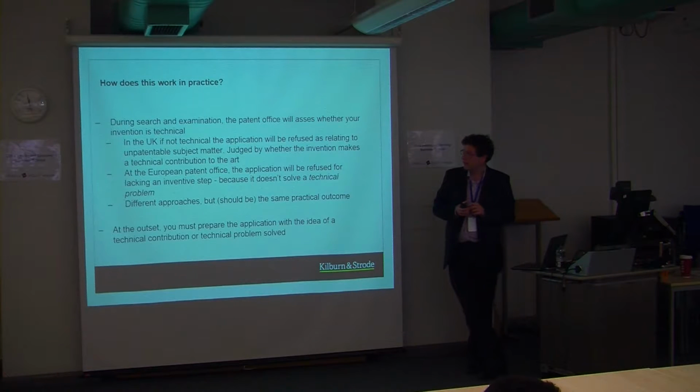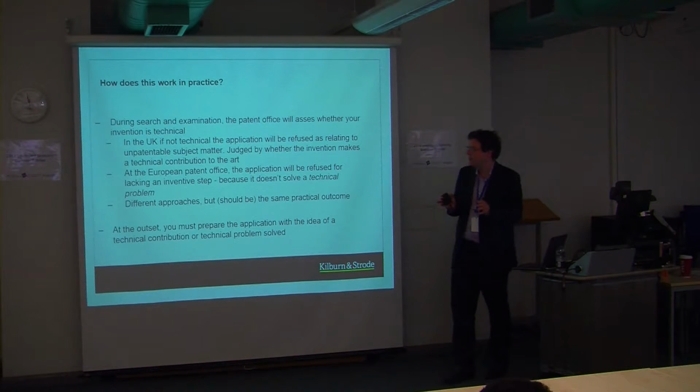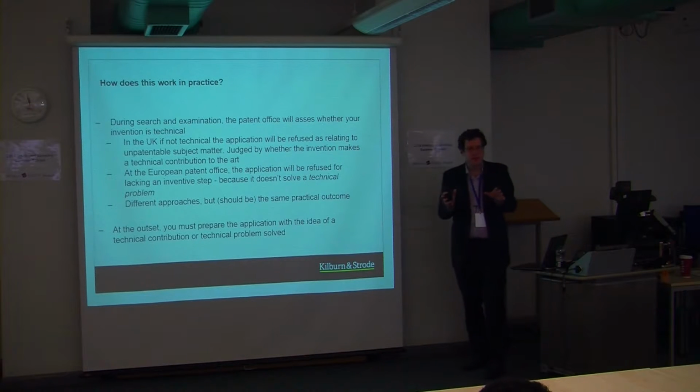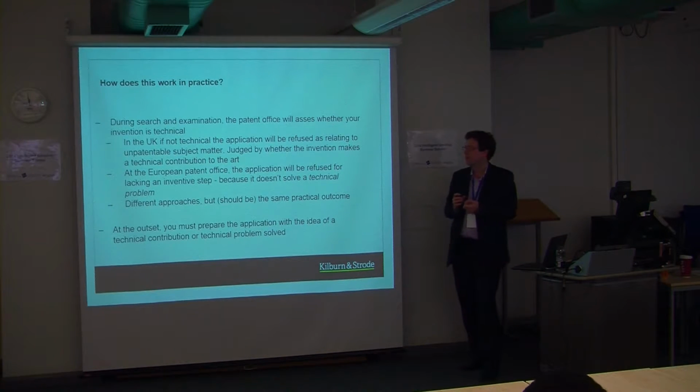In practice, I think one of the elements I haven't mentioned here, but every patent office applies these rules slightly differently. Everywhere you need to have an invention, and technical is a good proxy for what they will look at. You want to demonstrate that you're doing something physical or technical or out there in the real world to improve a process.